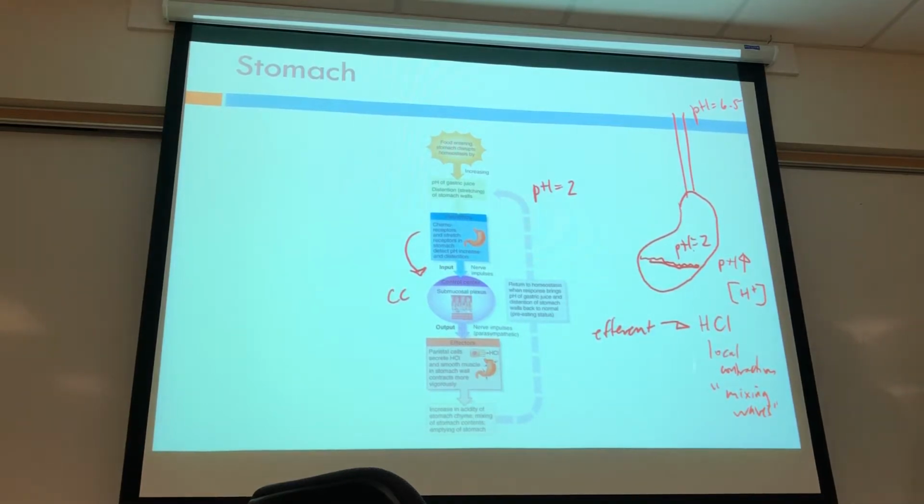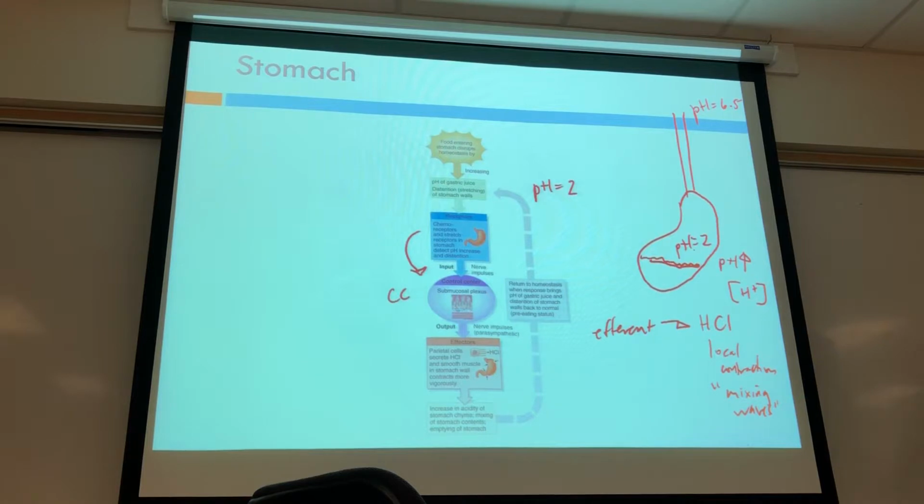To sum that all up, the rise in pH detected by the chemoreceptors will trigger the submucosal plexus, which will then trigger, through the efferent pathway, the production of hydrochloric acid by our parietal cells, to lower the pH back down.